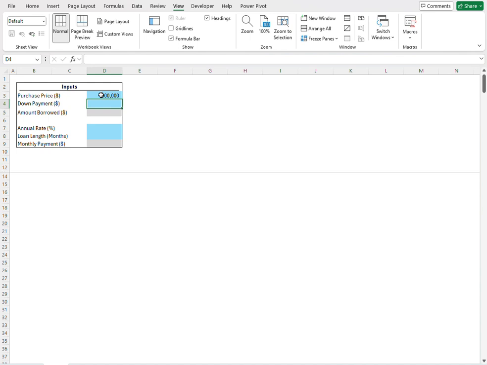And so in this case, we're going to assume it's a 20% down payment, and we're going to enter that as a negative number. And so we're going to do negative 100,000. And the reason we do that is just because it's reducing the amount of the loan. And so we're going to enter it as a negative number. And so with that, the amount we are actually borrowing is only 400,000.